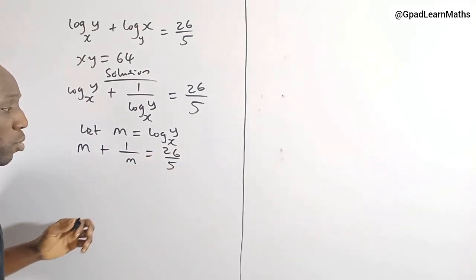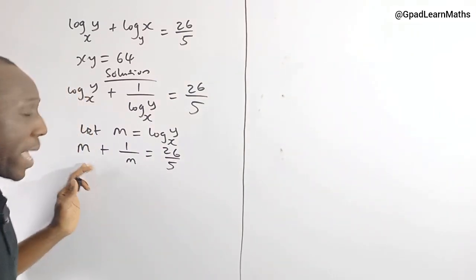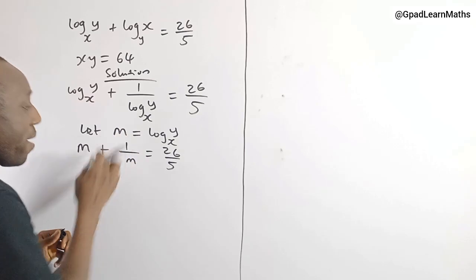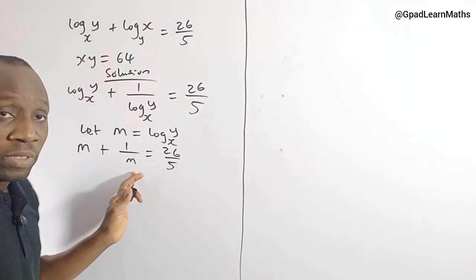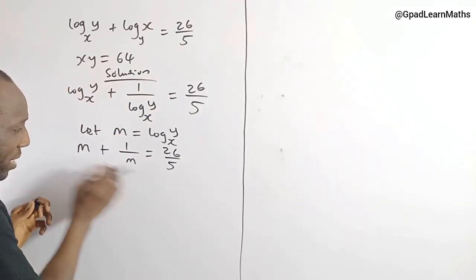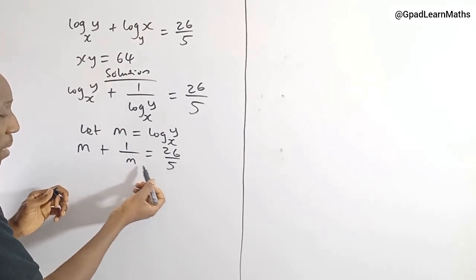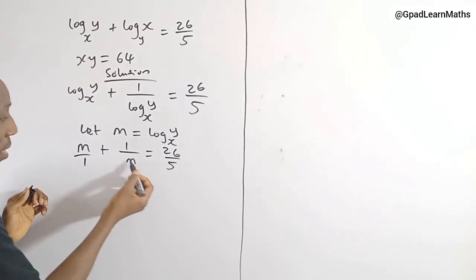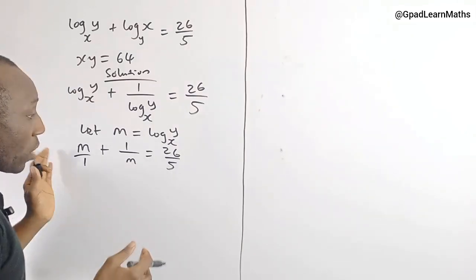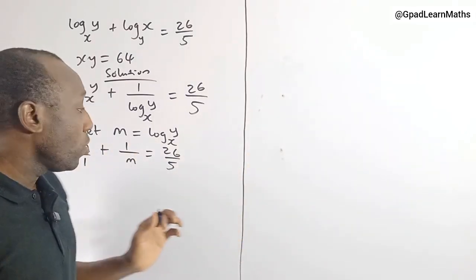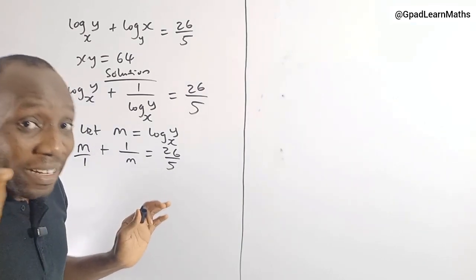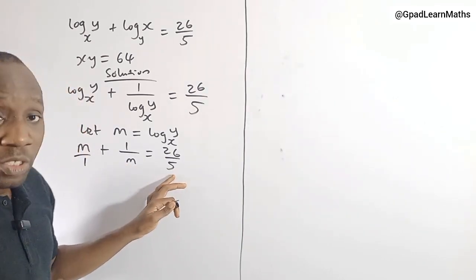From here, I'm going to multiply through by m, because I want to remove this fraction. Not just m, but 5m, because the LCM of the denominators m and 5 is 5m.